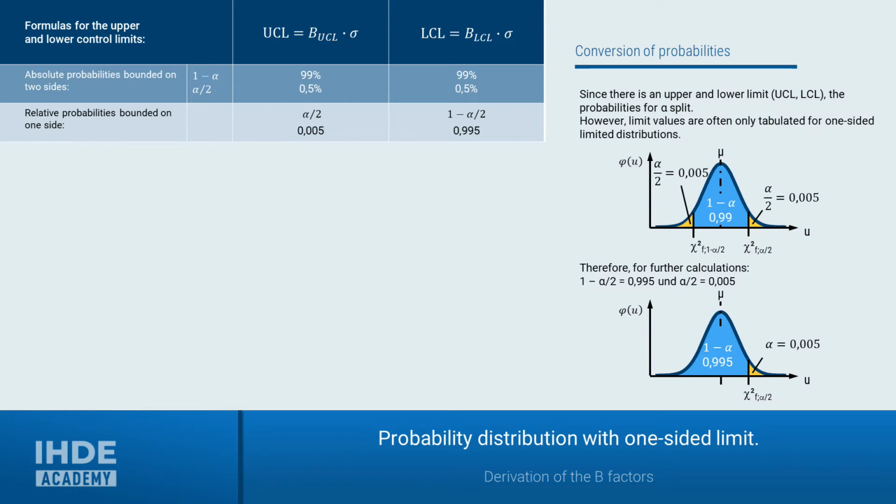Thus, alpha halves are left outside the limit and 1 minus alpha halves are inside the limit. So 0.005 outside and 0.995 inside, or 0.005 on the right and 0.995 on the left.